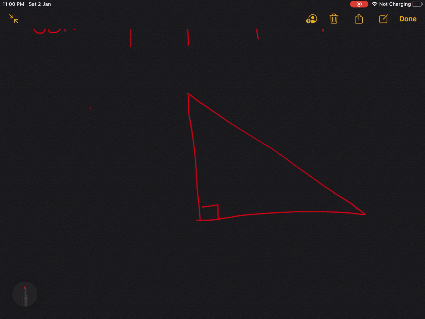With a right angle here, with two angles. Now this angle down here is 60 degrees and the one on top here is 30 degrees.